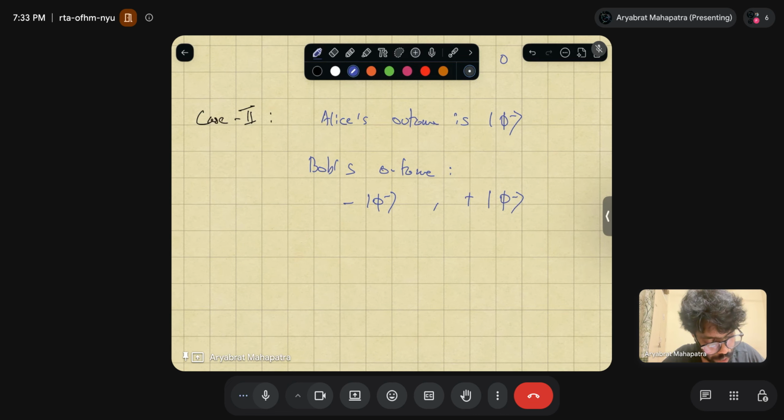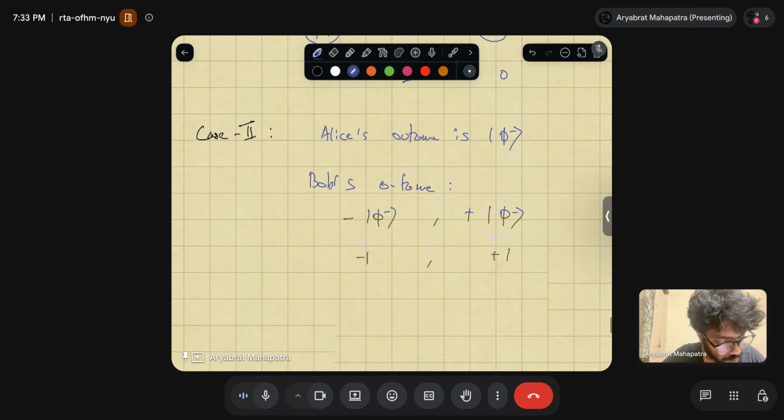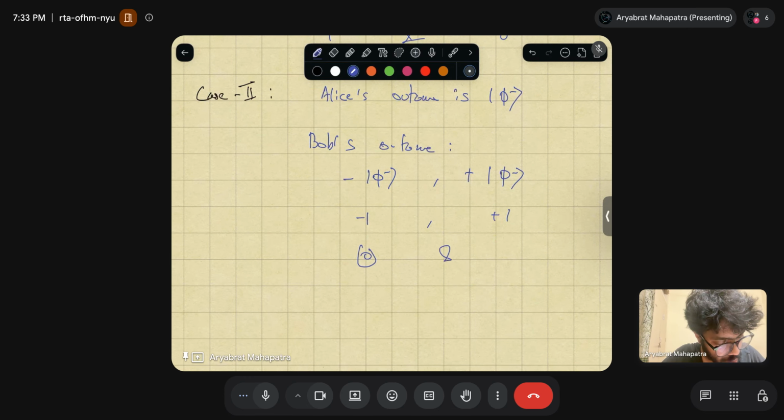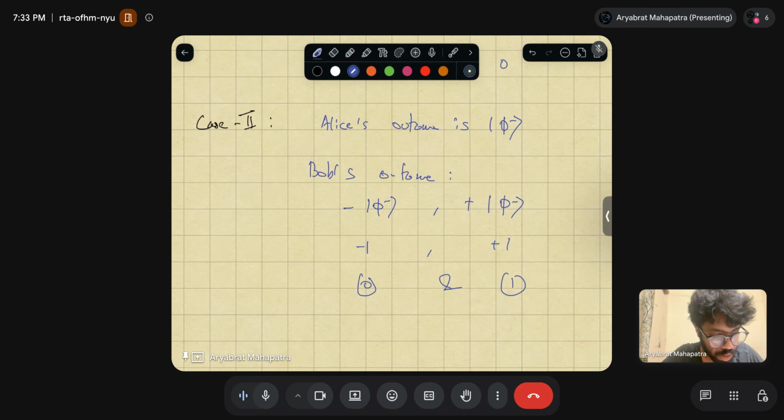So it is like minus 1 and plus 1, which you can think of as 0 and 1. In the same way, you can also see the other cases, 0 0 and 1 1.